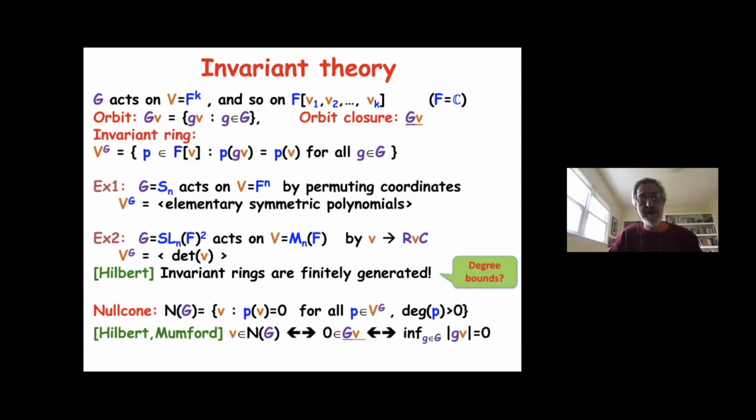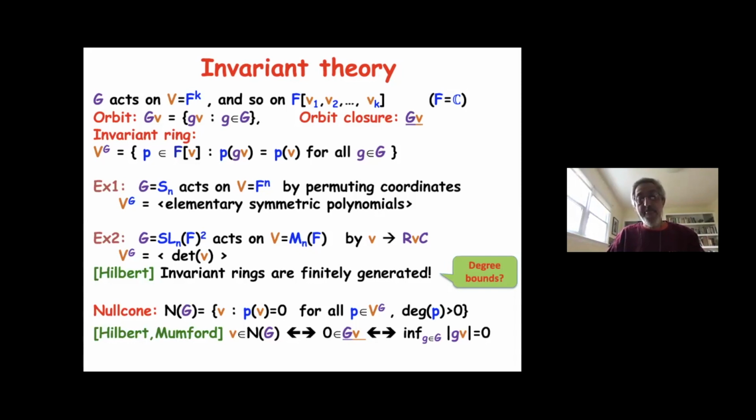So again, it's all elements in the vector space that all invariant polynomials make 0. What's crucial for us is that there is an analytic description of this set. So this is a variety. The analytic description is that it's all the elements in the vector space such that there exist elements in the group that push the vector to 0, or the norm of the vector to 0. So that's why it's called the null cone.